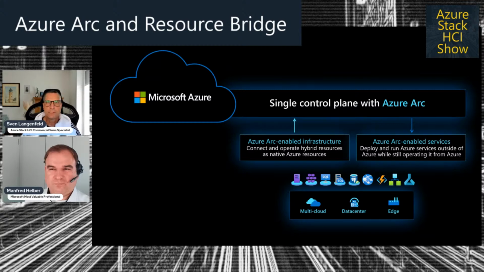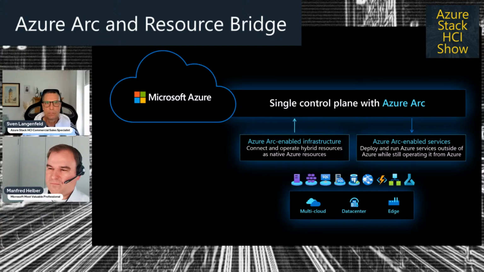You could split Azure Arc into two main buckets. One is the Azure Arc enabled infrastructure. So you have your Windows server or your Linux instances, or you're running Azure Stack HCI or a Hyper-V environment, and you want to keep this on premises, but you want to make it visible in Azure.